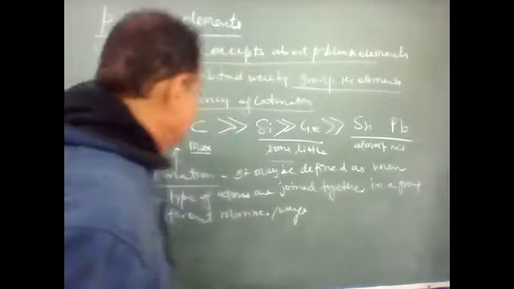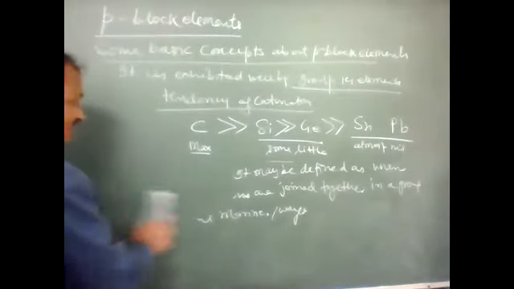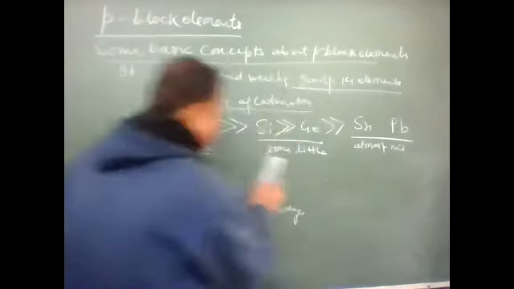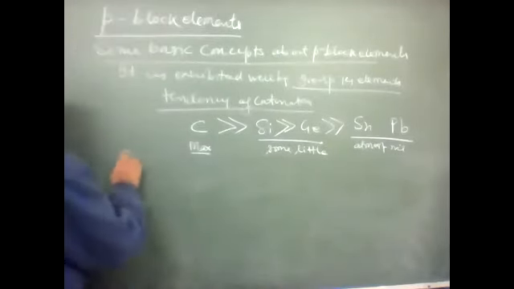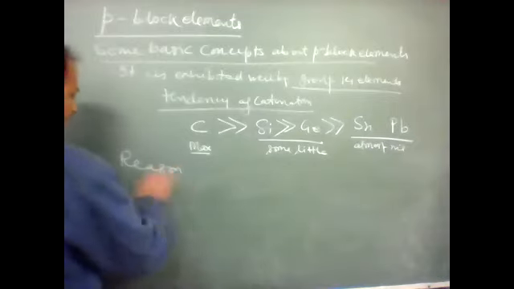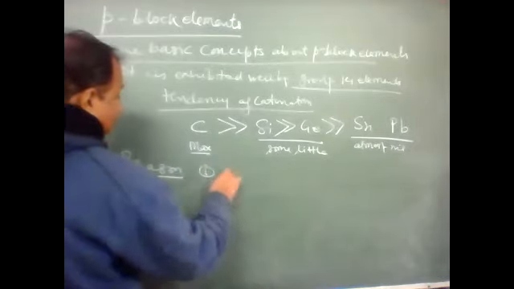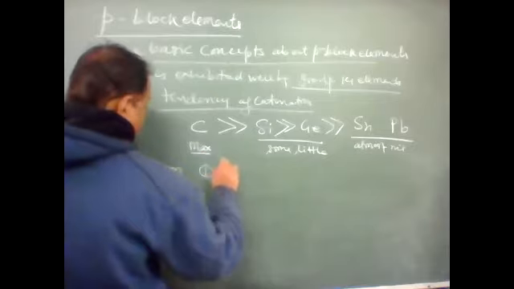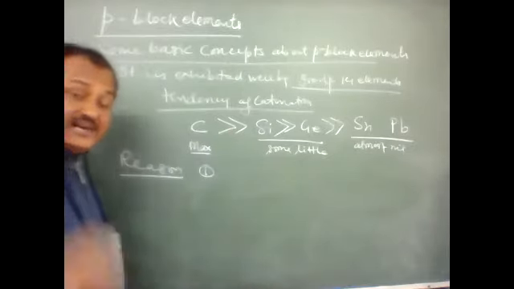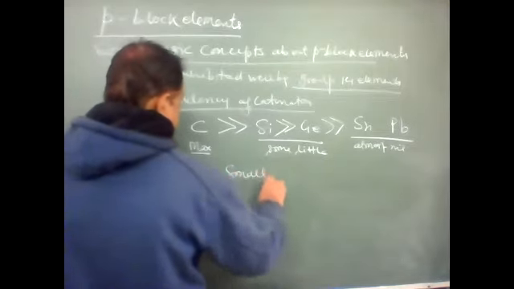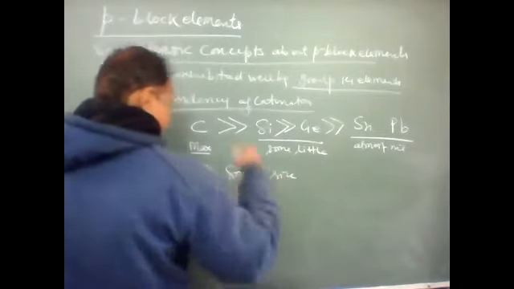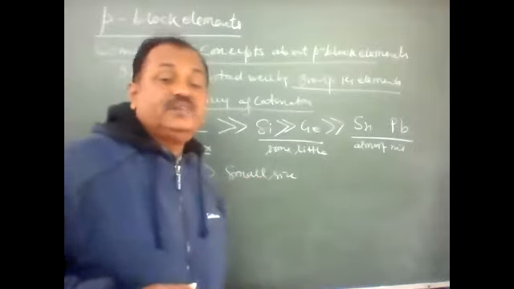Now, in this catenation, we have to see the reason also. Why is it so? Catenation depends on the size. Carbon has a very small size, so a small size is most suitable.